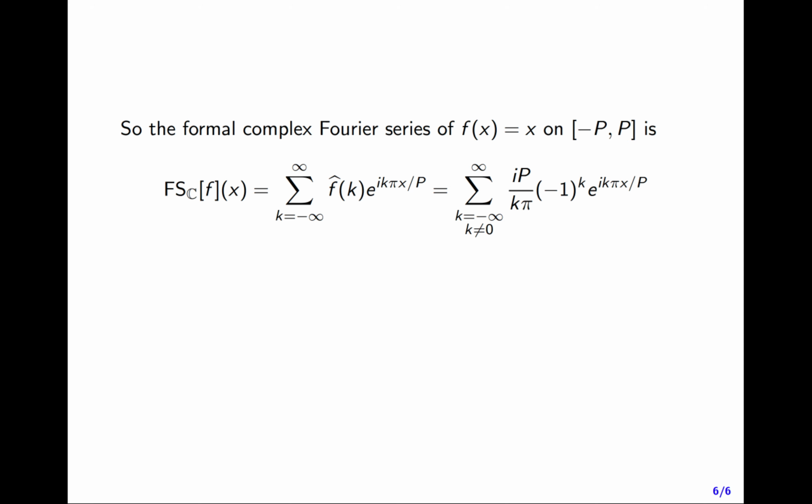I'm saying now k is not equal to 0, of ip over k pi times minus 1 to the k e to the ik pi x over p. And that is, if you want to factor a little, ip over pi times the sum from k equals minus infinity to infinity, k not equal to 0, of minus 1 to the k over k, e to the ik pi x over p. That was quite a bit of work for a very simple function, f of x equals x.